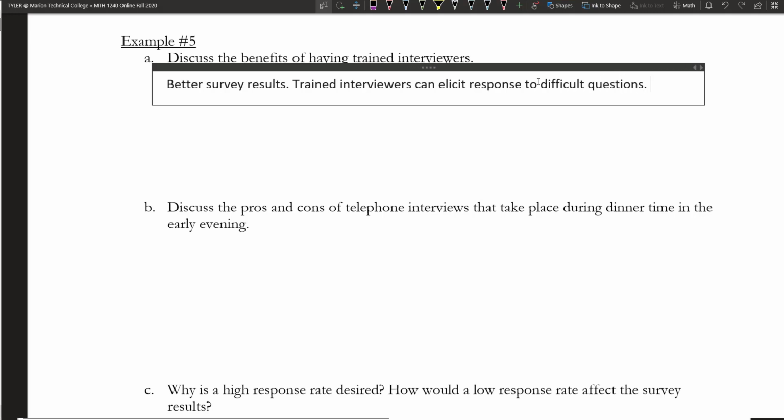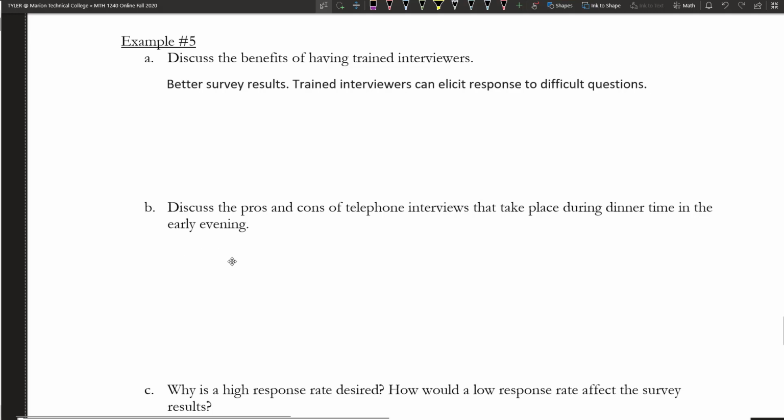All right, so in other words, if there's a really difficult question to answer, or maybe people are uncomfortable answering, if you have a good trained interviewer, they might be able to get answers for that. Right? So those are some benefits.